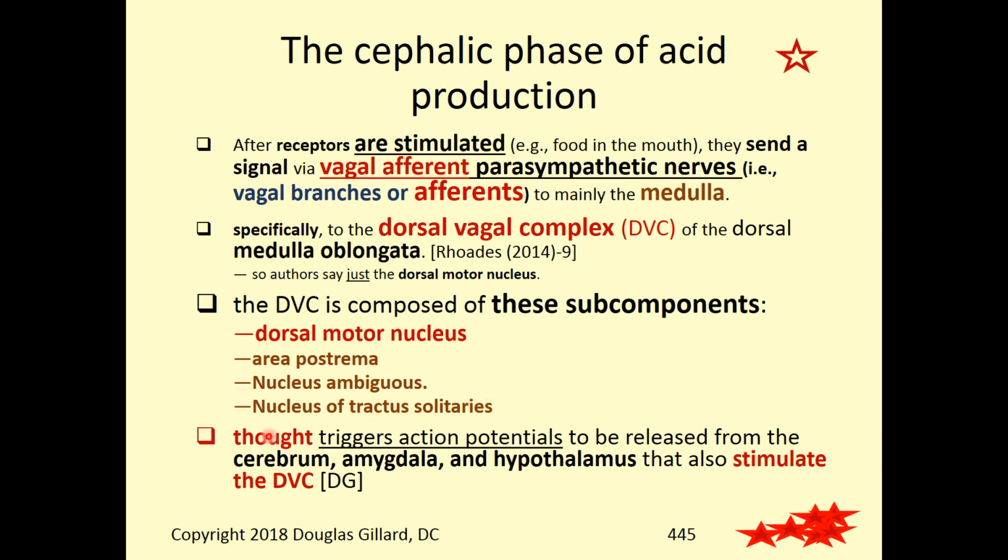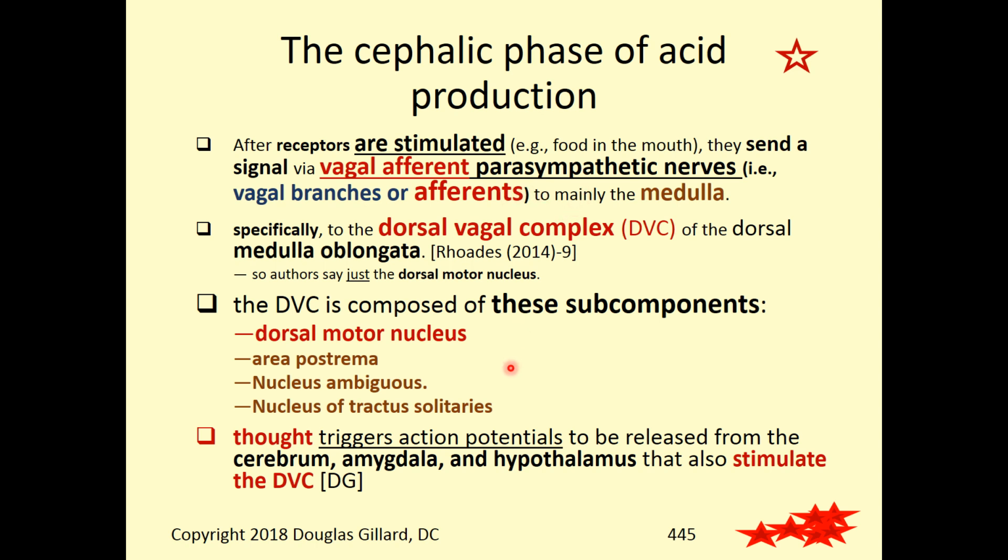Thoughts are a different thing, so you can think of seafood. Those action potentials are generated in regions of the cerebellum, amygdala, hypothalamus, but they also are sent afferently to the DVC, dorsal vagal complex, just like these vagal parasympathetics from the mouth and nose.